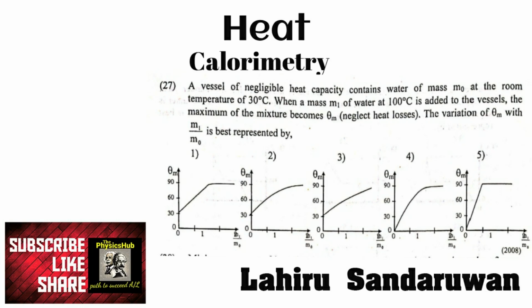A vessel of negligible heat capacity contains water of mass m0 at the room temperature 30 degrees. When the mass m1 of water at 100 degrees is added to the vessel, the temperature of the mixture becomes T mix. Neglect heat losses. The variation of T mix with m1 over m0 is best represented by which graph?